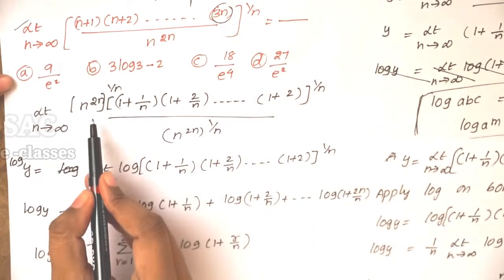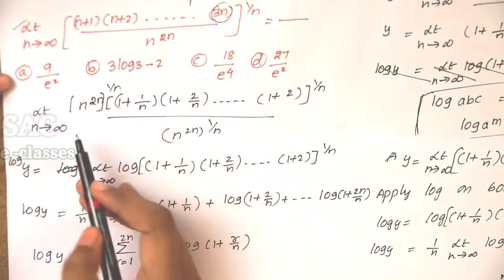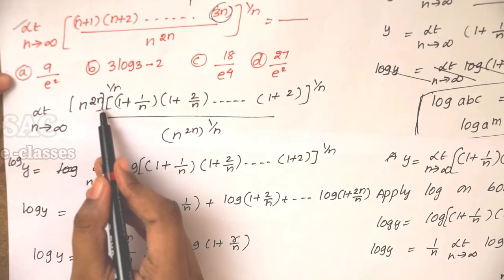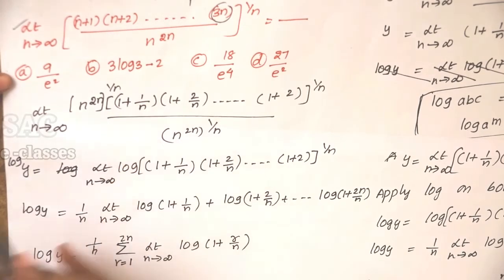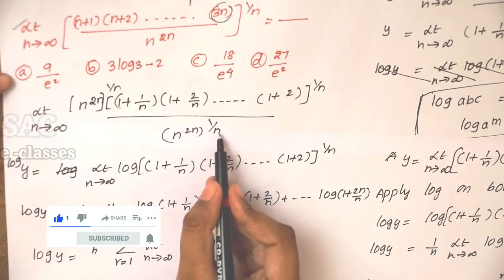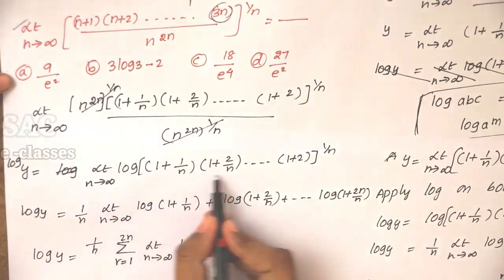So I take n common from all the given factors, 2n times. That is why n power 2n is taken common, whole power 1 by n, with denominator n power 2n. Again I applied 1 by n whole power, and it is getting cancelled.